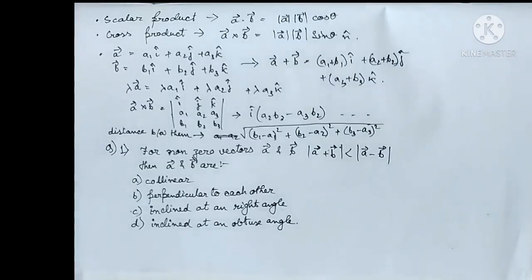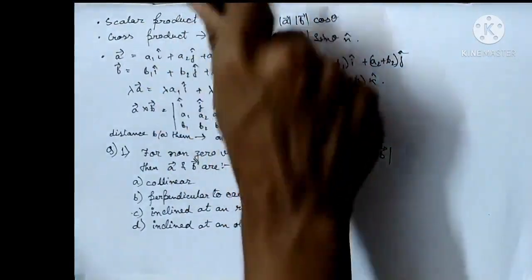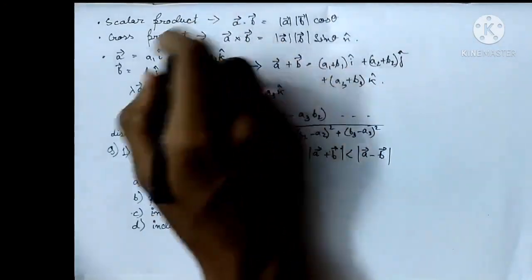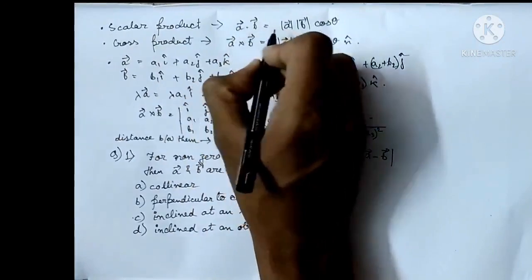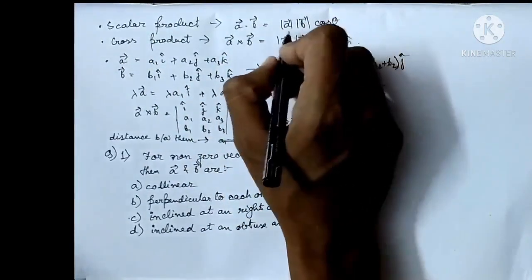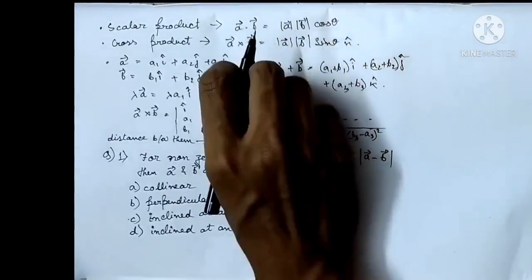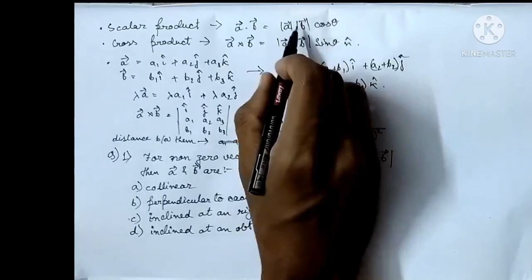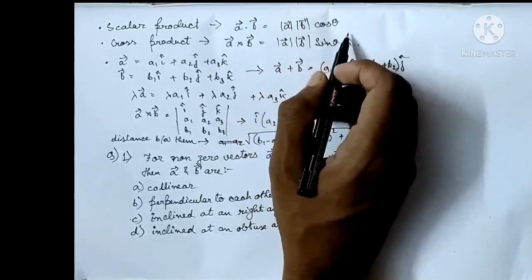So let's start the next page. Here we come with the scalar product. Scalar product is the product of two vectors in such a way that we don't get any direction, we just get the magnitude. Here A vector dot B vector gives us mod of A vector into mod of B vector into cos theta. What is theta?